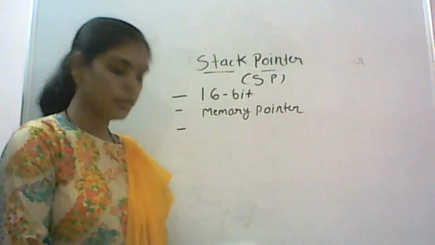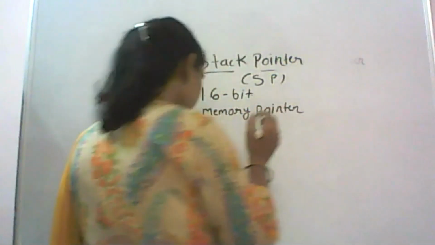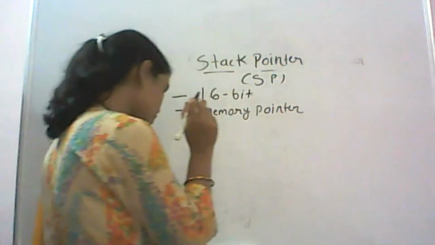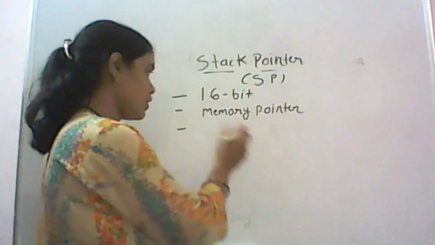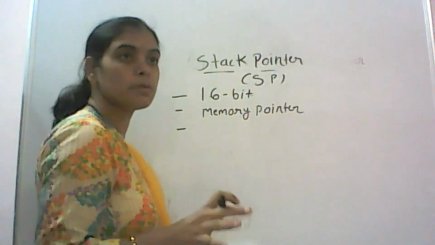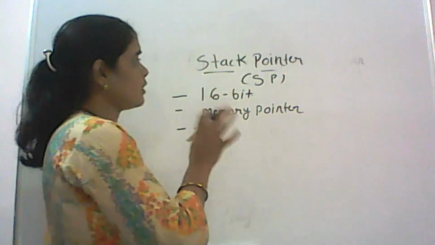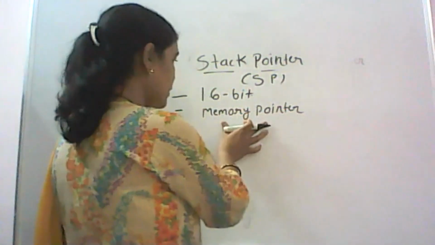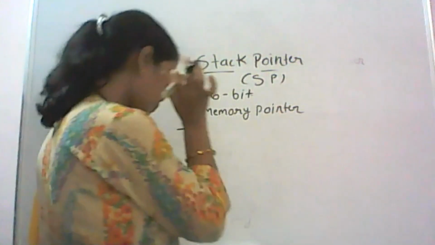The stack pointer is a special purpose register. Stack pointer is a special purpose address pointer. Stack pointer and program counter both are special purpose registers. We can say here stack pointer points to the memory. Okay.